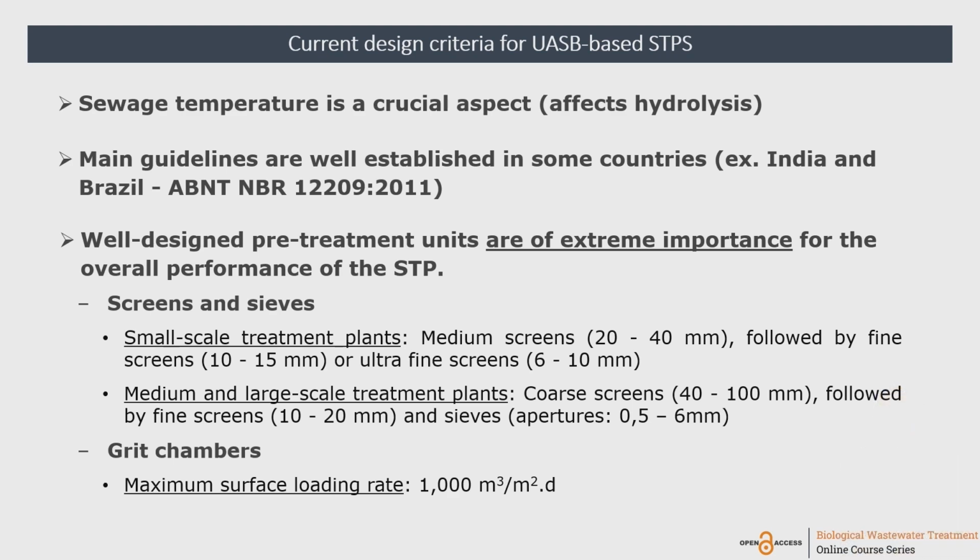The temperature in these countries, the temperature of the wastewater, not the ambient temperature, is usually above 20 degrees Celsius. This is why the applicability of anaerobic treatment for domestic sewage is more developed in these warm climate countries.